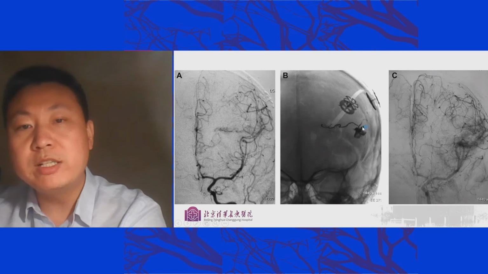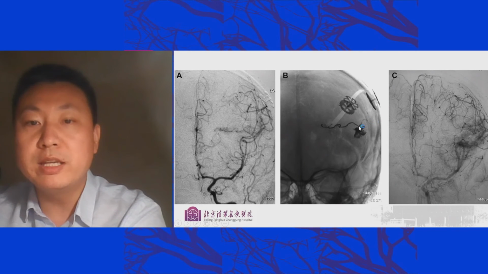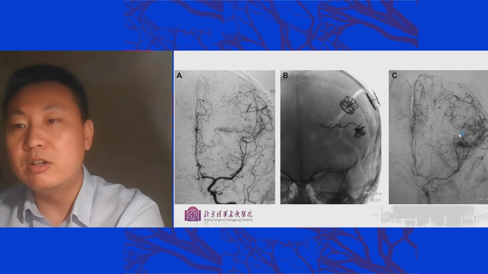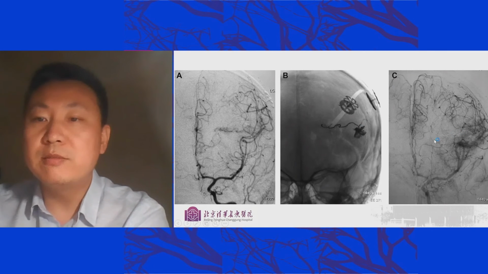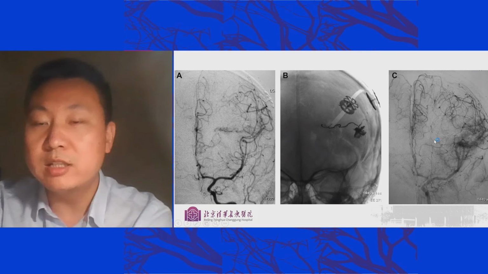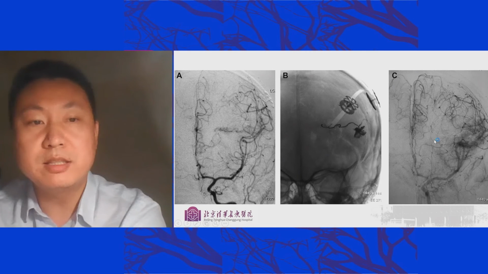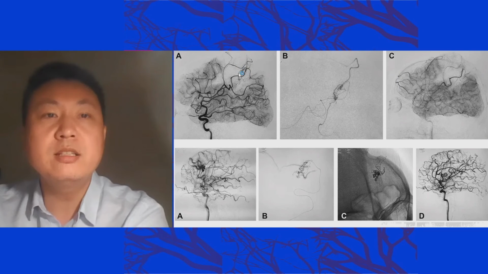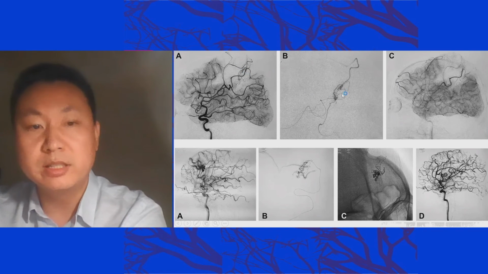Vessel perforation developed while we advanced the microcatheter to this curve, and Onyx was injected, but the patient did not develop new neurological deficits. This is the residual AVM after surgery, completely occluded with Onyx.